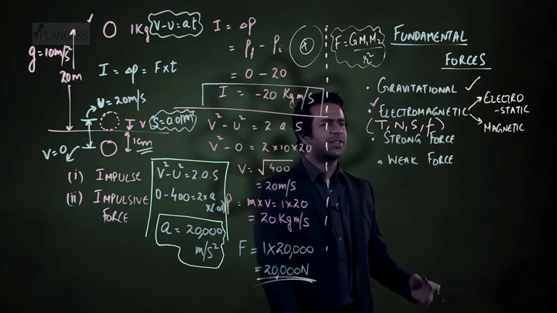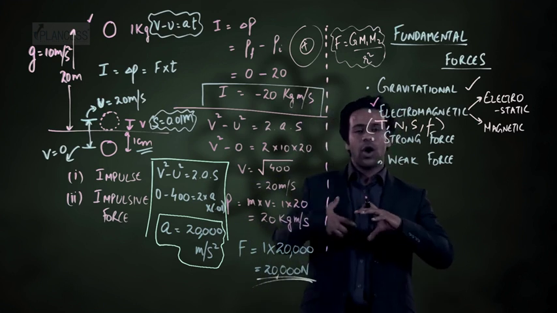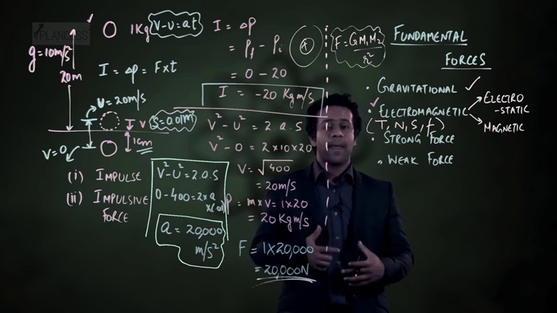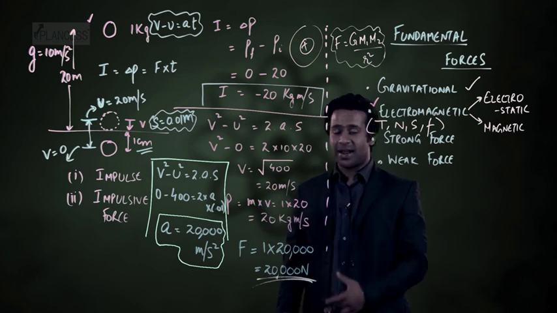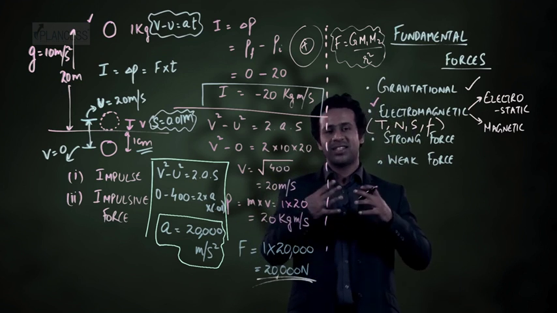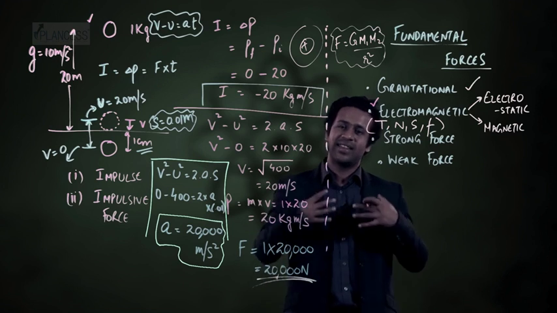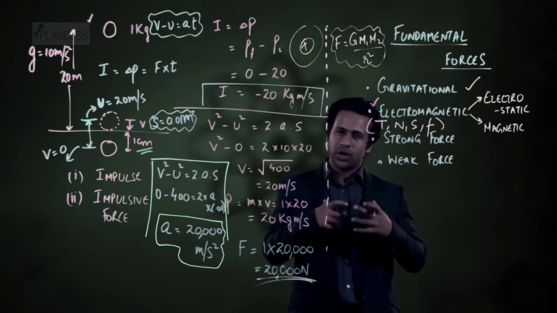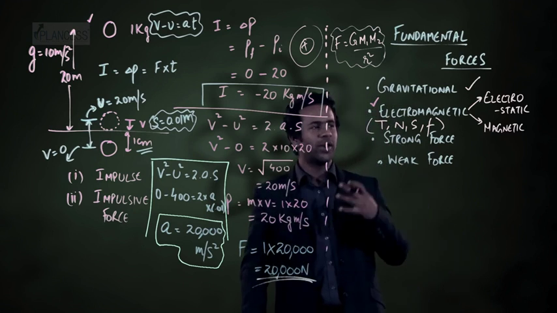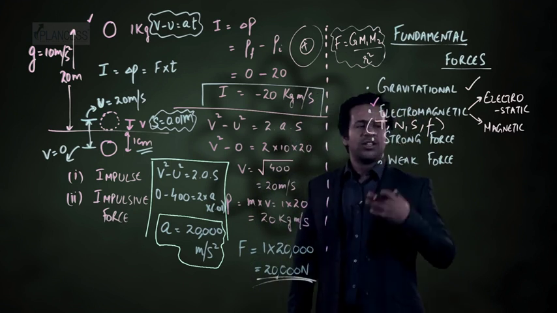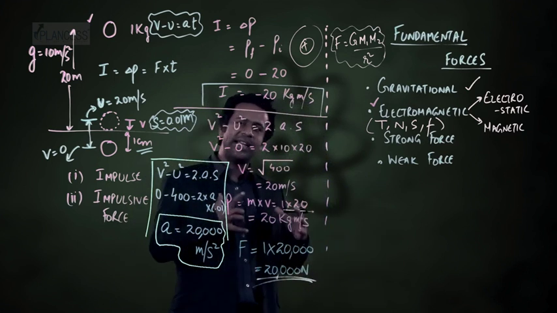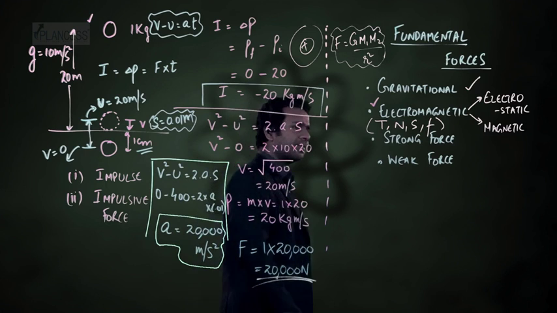Same is the case with tension. Every object has a particular structure which is there because of all the charges that are present. If you try to change its orientation, these charges get disoriented and then try to restore their original position, and as a result create a force which is known as tension. The spring force and the friction have similar reasons which we will not go into the details of.